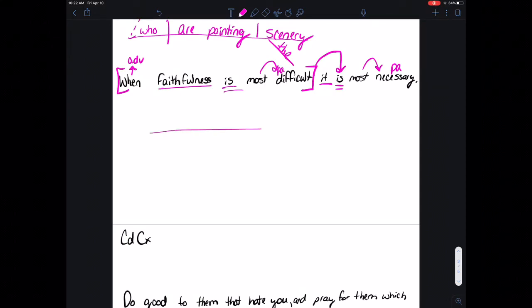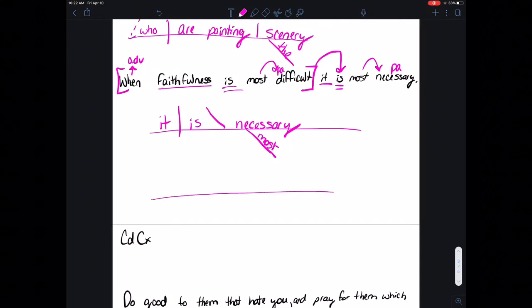So let's diagram starting with our independent clause. It is our subject. Is your verb. Predicate adjective we said was necessary. Most necessary. Okay, now we can go ahead and we can do the adverb clause. So we said it's modifying is. Going to kind of go ahead and situate it where I know it's going to be easiest to connect them.